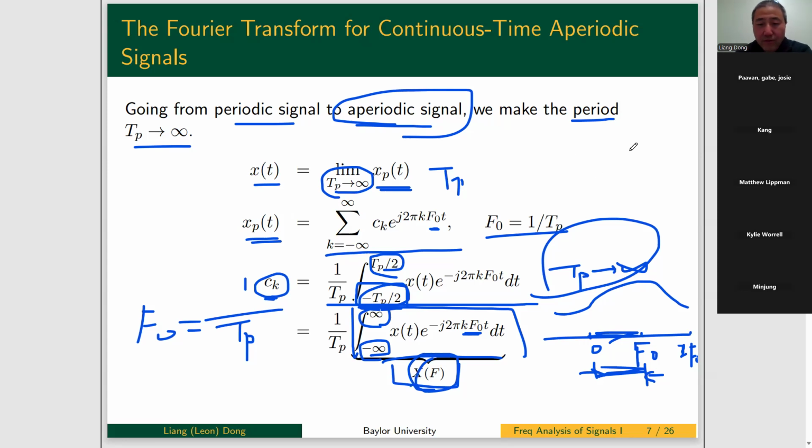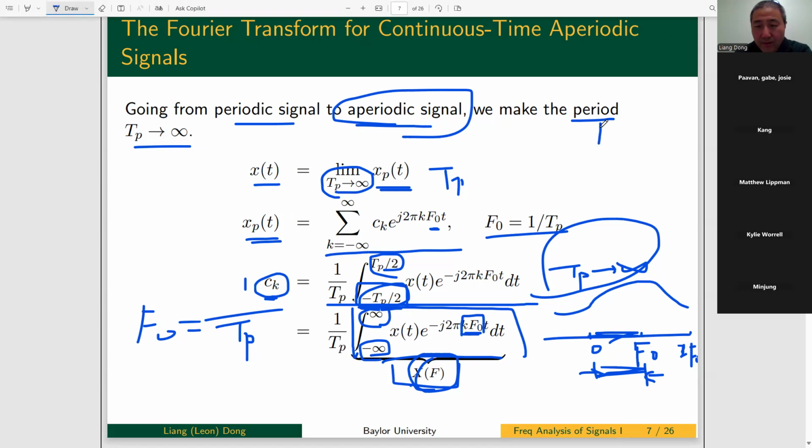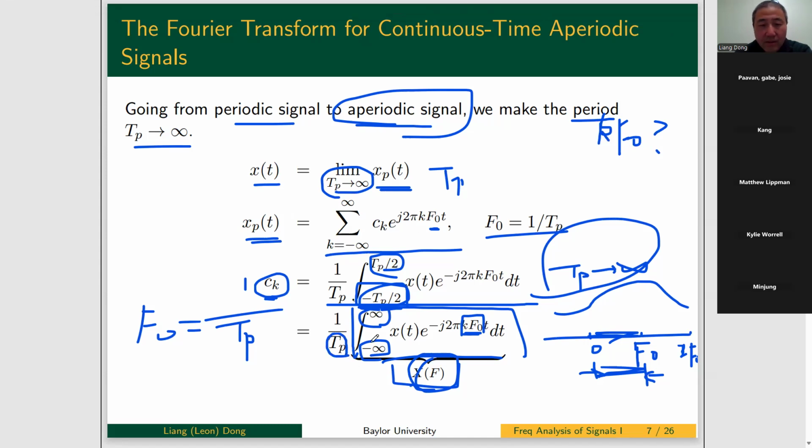So I will leave you a few questions to think about, then I'll continue next time. What do you do with this, right? K times F naught. What are you going to do with that? This is K. The second question is, what do I do with this T sub p? T sub p becomes infinitely large.